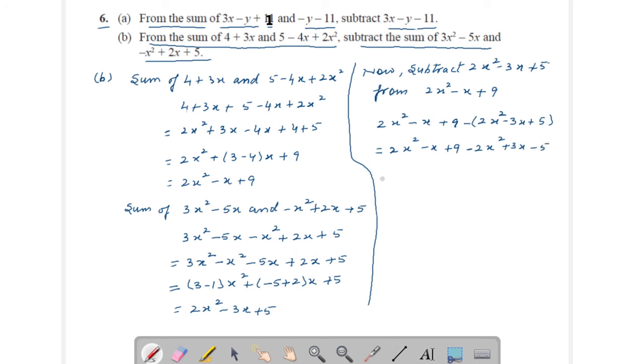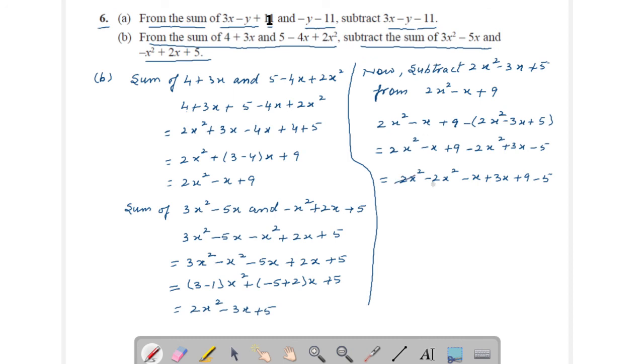Now collect the like terms. It is 2x square minus 2x square minus x plus 3x plus 9 minus 5.